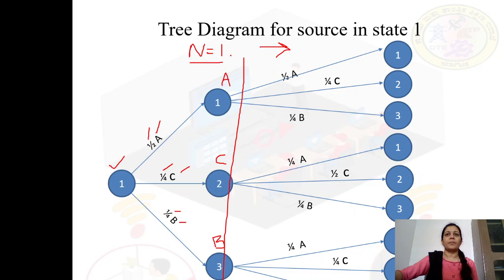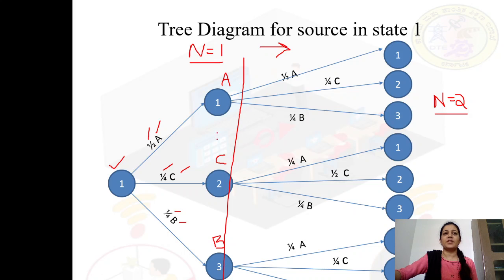But if I want to consider a source which emits messages whose length is equal to 2, then you have to consider one more stage. In order to consider one more stage, again you have to consider the continuation of your first stage output.